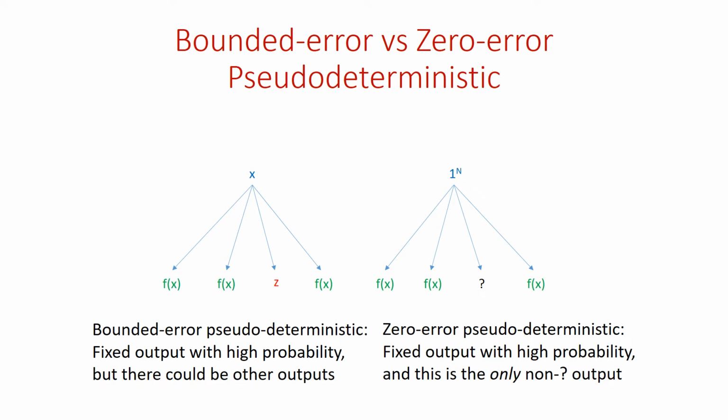In contrast, a bounded error algorithm could output some other candidate solution, which might or might not be a correct solution when it's not f(x). So with high probability, it outputs a fixed output that solves the problem, but there could be other outputs on other computation paths. These are the two standard notions. All our lower bounds in this talk are going to be for bounded error pseudo-deterministic algorithms, which is clearly stronger than having a lower bound for a zero error pseudo-deterministic algorithm.